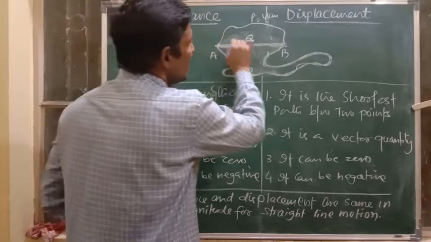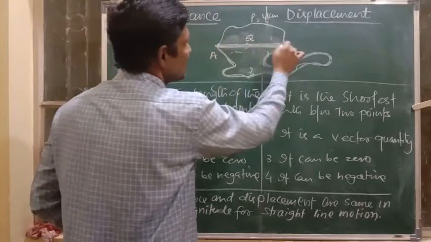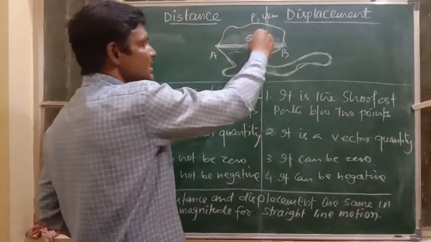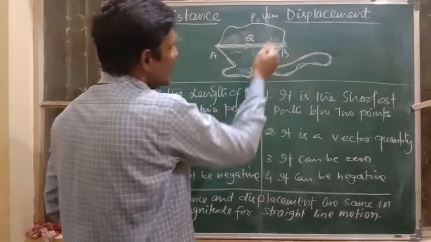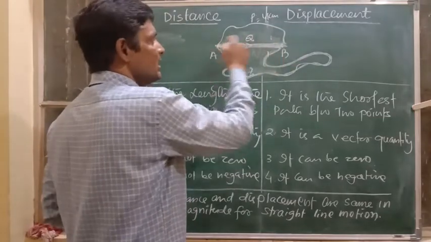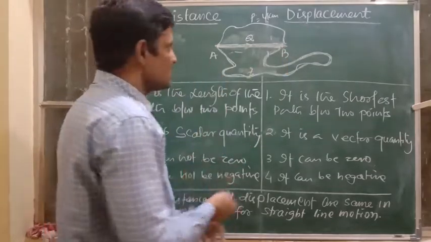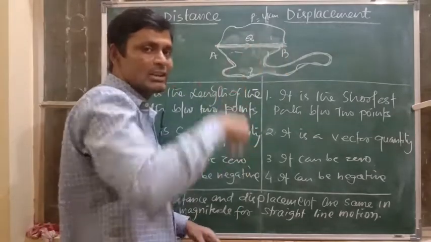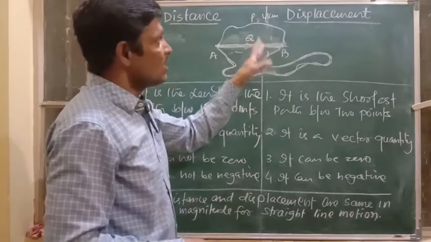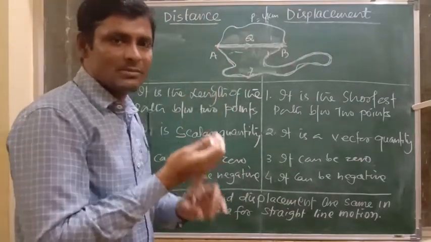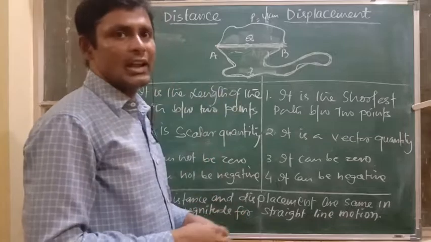So the length in both cases, when you ask for the distance, it is AB, and for the displacement, it is the length AB. So magnitudes are the same, but in the case of distance it has no direction, while in the case of displacement it has a direction. So distance and displacement have the same magnitude for straight line motion.